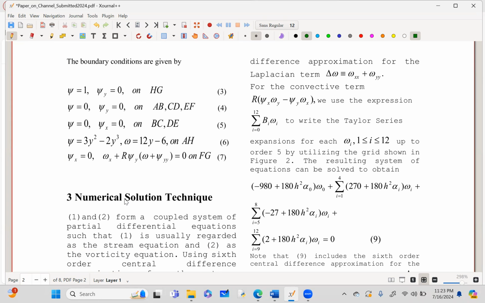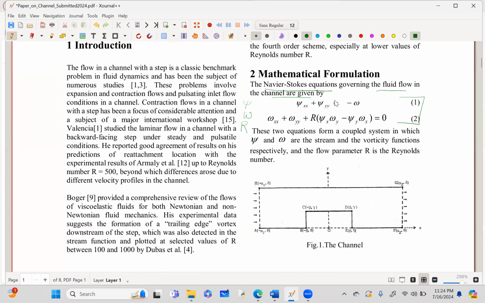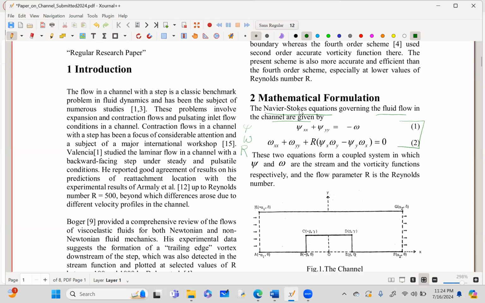The first equation, which is equation 1, is very straightforward. Here, for the left-hand side, we can simply use sixth-order central difference approximations for the second partial derivatives of the stream function.